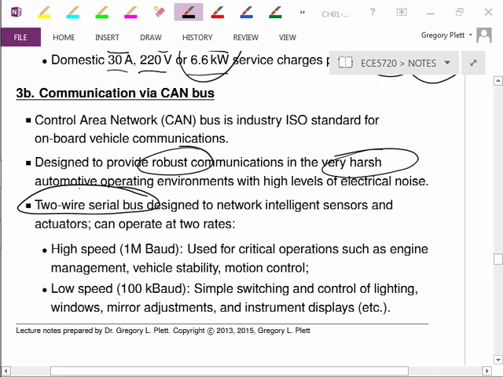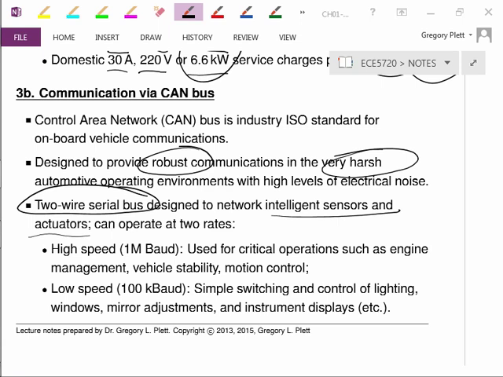Originally, it was designed to network together intelligent sensors and actuators, and there's 2 baud rates, data rates that are used on the same bus. There's a high-speed rate of about 1 megabaud, and by the way, this is variable. This is not fixed in stone, but roughly speaking, you can do about 1 megabaud.